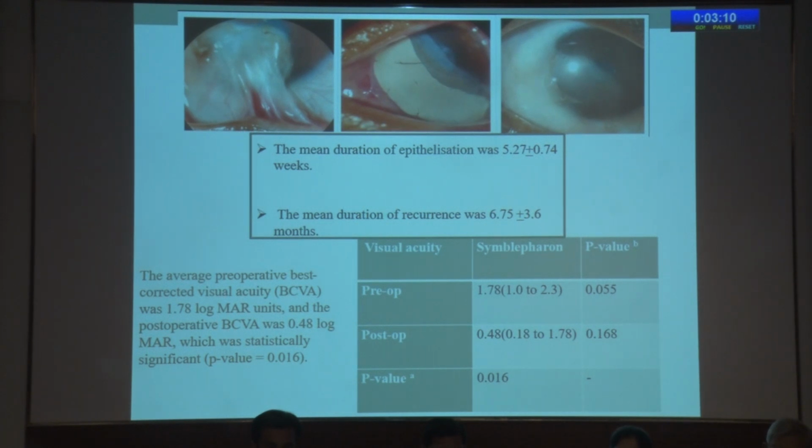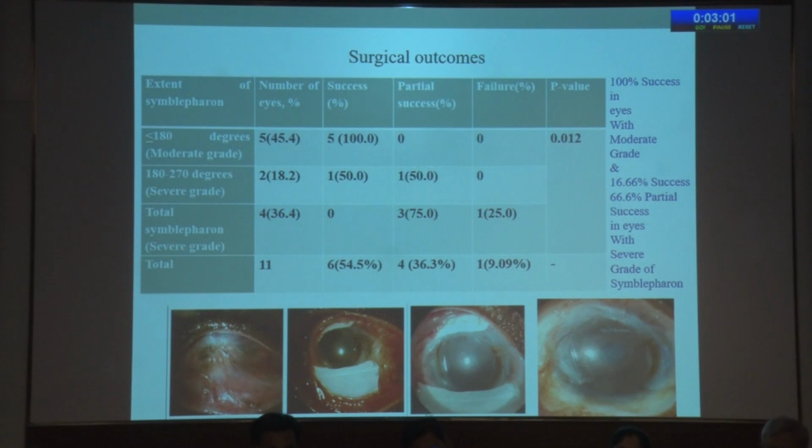In all our patients, the best corrected visual acuity improved statistically significantly post-operatively. The surgical outcomes included a 54.5% success rate, 36.3% partial success, and one patient, 9%, with failure.